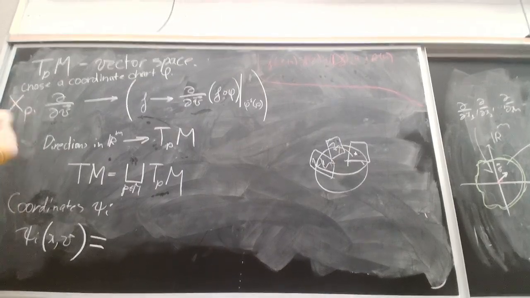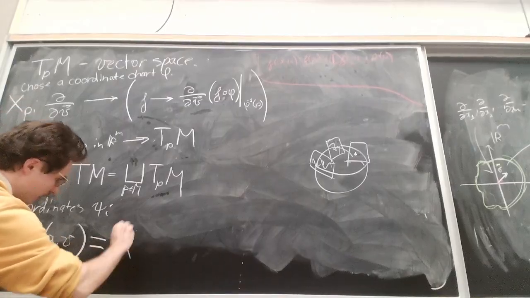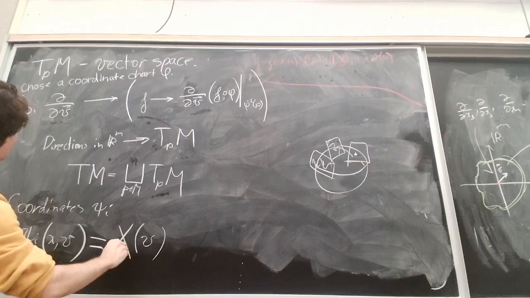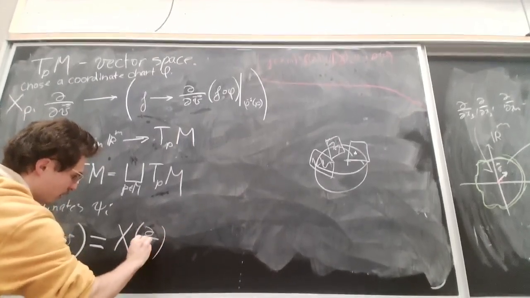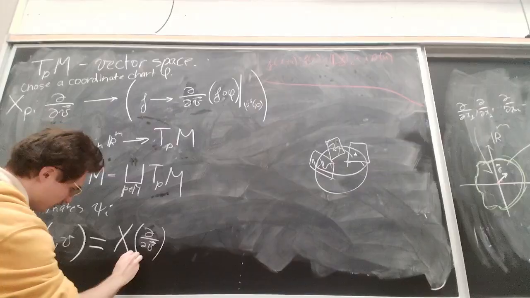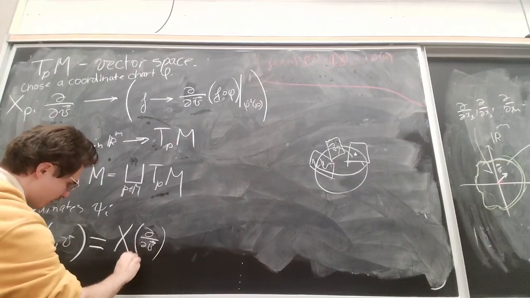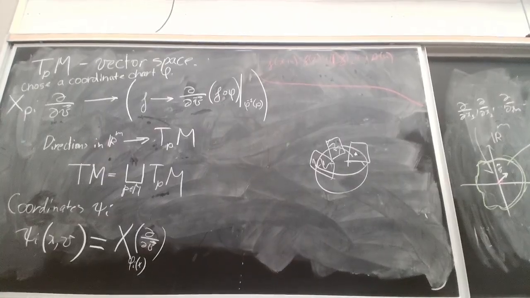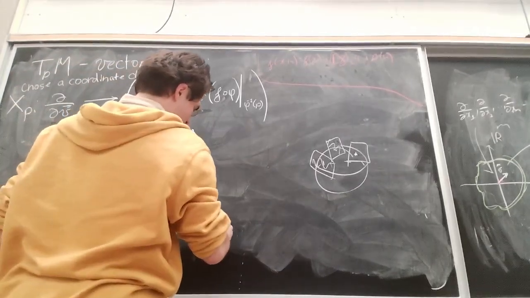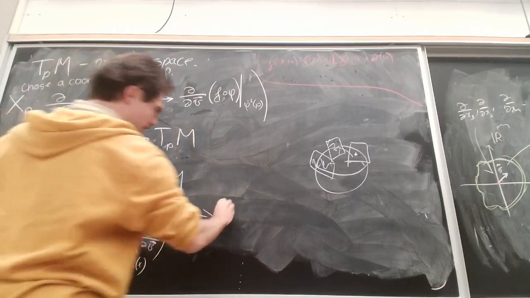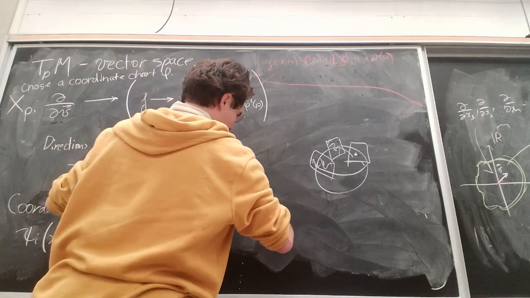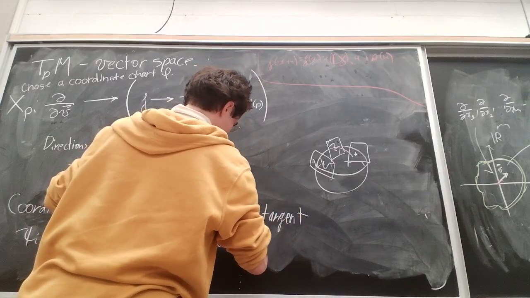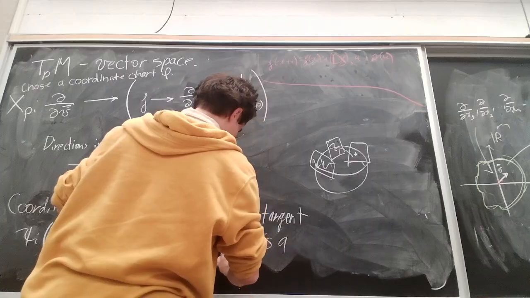So this is X at p. It's going to give me x of partial v at point phi_i of x. Okay. And so therefore, TM, which we will call the tangent bundle, is a manifold.